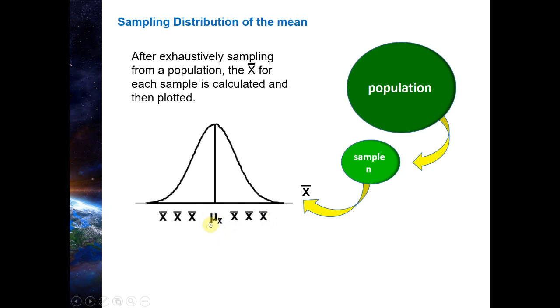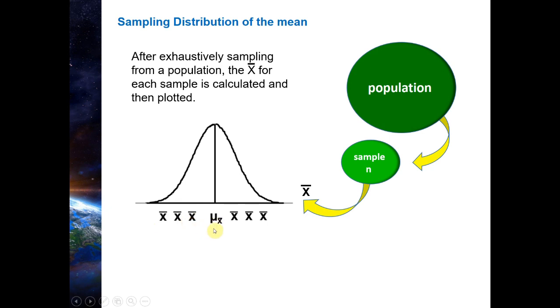But the reason why we're putting mu here, two reasons. One, it's hypothetical, right? Remember what I said when you talk about hypothetical distributions, we use parameters. But the other reason is you have plotted all the means possible through exhaustive sampling. These are all the means possible. That means that's a population, right? You've got them all. So that's why we put mu.